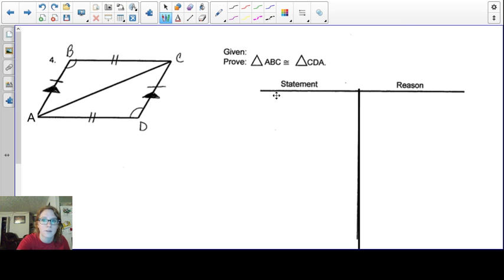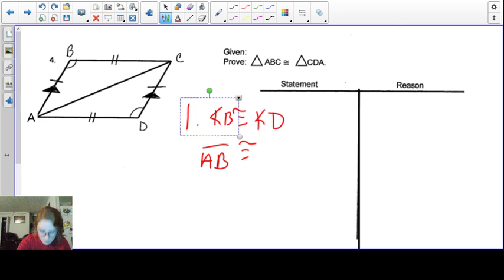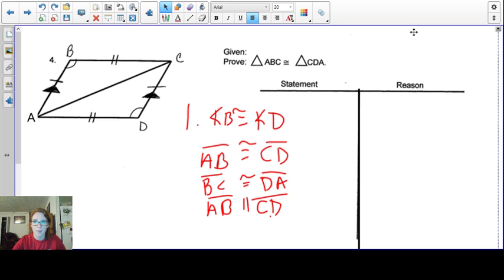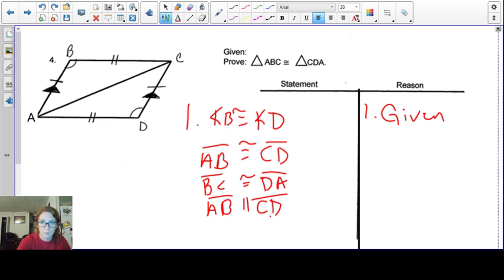I'm going to start getting that stuff on there. Okay, so we should, oops, I forgot to finish. Okay. Boom. Okay, step number 1's given.